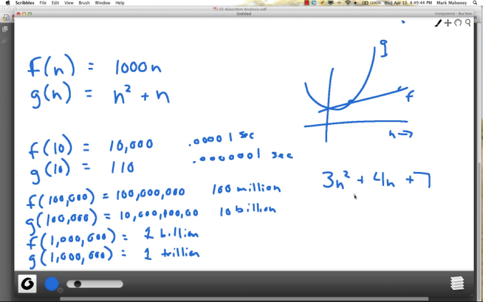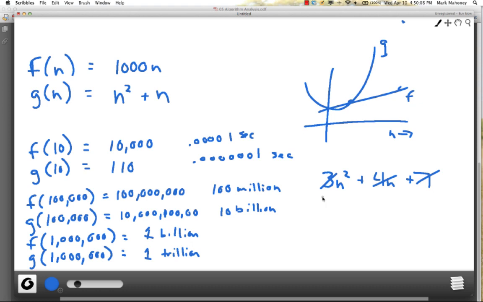The highest order term, in this case 3n squared, dominates the overall value when n gets big. So we can basically ignore all but the highest order term. And then the coefficient, right, that actually doesn't affect the highest order term too much. So a lot of times we just ignore that too.